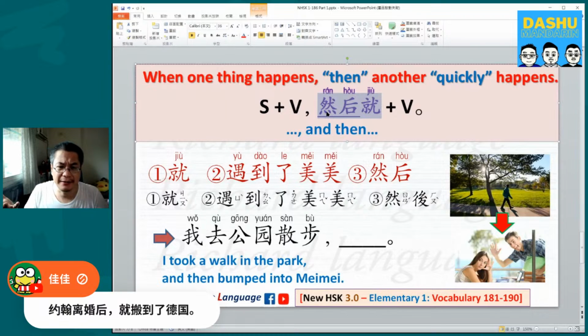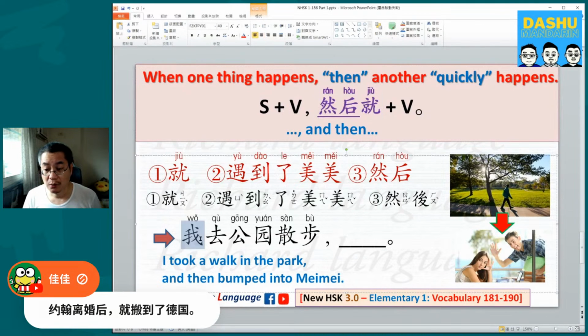然后就, and then. For example, 我去公园散步. 散步 means take a walk, 去 means go to. I go to the park and take a walk. 就遇到了美美. 遇到了 is like you run into someone, you bump into someone, you meet someone accidentally.